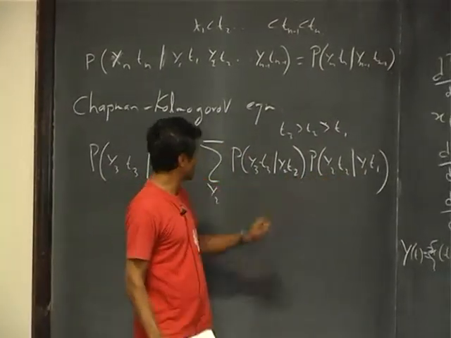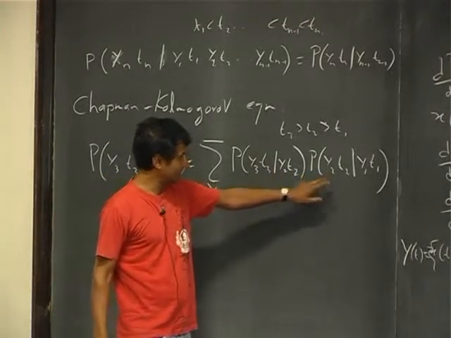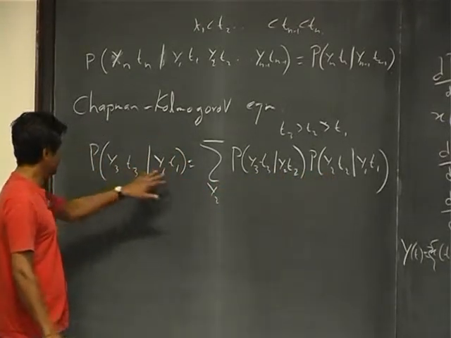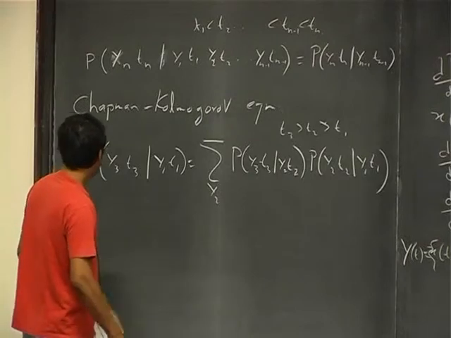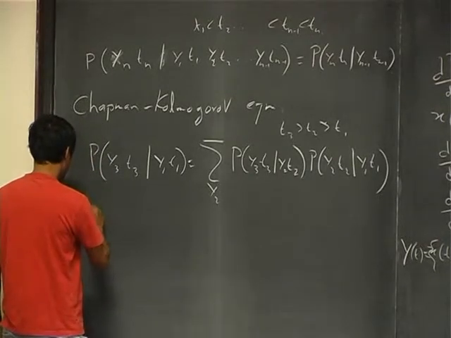Here t2 is not integrated over, just this variable y2 is integrated over, and then you just get this. And then we discussed homogeneous processes.